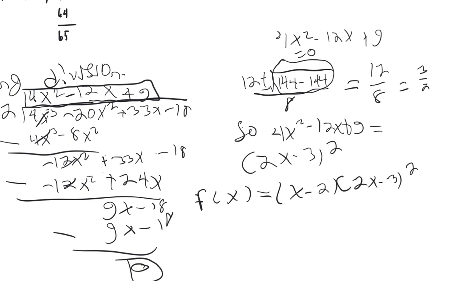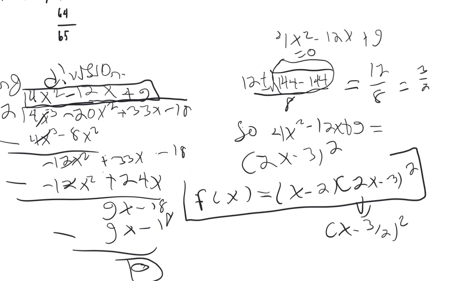And this could also be, yeah, you could also write this as x minus 3 over 2 squared. But yeah, that's how we do that problem. Long division, we get the quadratic. We solve that quadratic with the quadratic formula, and then we find those factors, and then we write it in this form. So that's factored form.